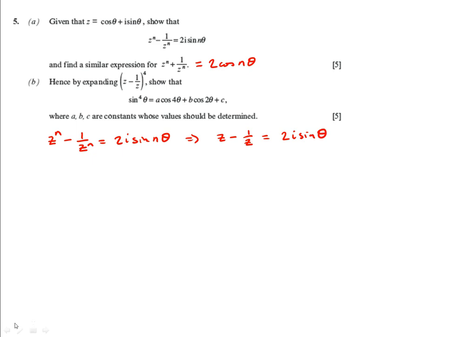So putting n equals 1, we know that z minus 1 over z is equal to 2i sin theta. So we know that z minus 1 over z to the power 4 is going to be the same thing as 2i sin theta to the power 4.